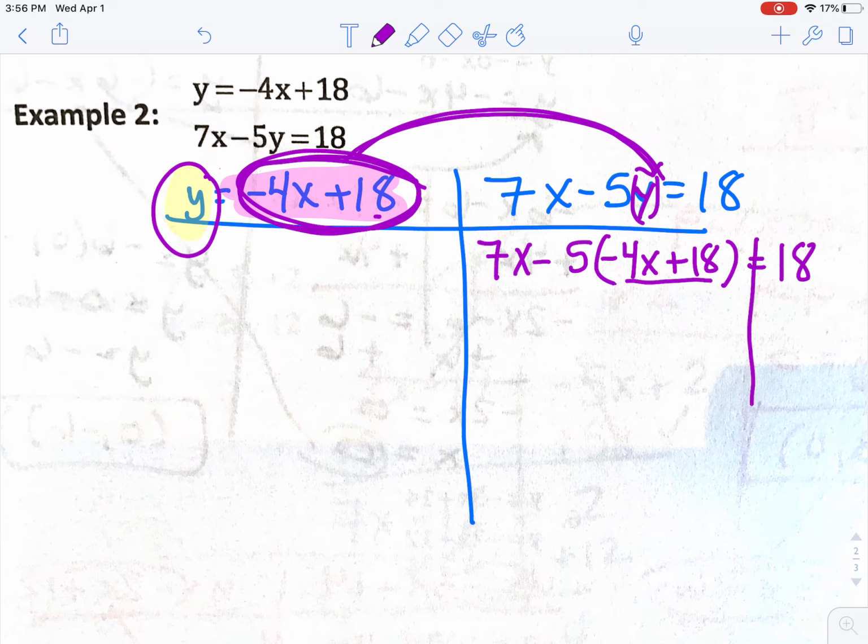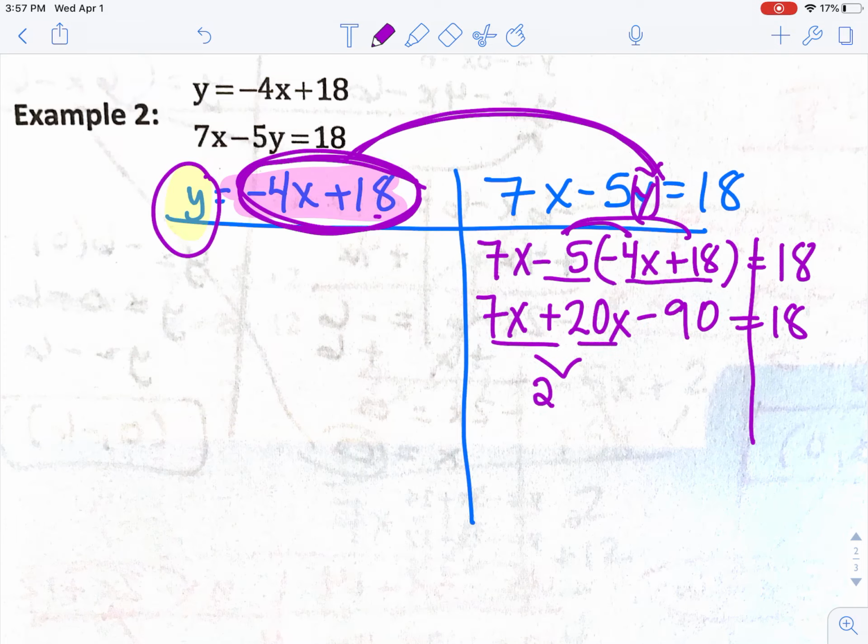Now, to solve this equation, we know we have to distribute first this negative 5. So I'll have 7x. Negative 5 times negative 4 is positive 20x. Negative 5 times 18, I need my calculator for that one. I get negative 90. And then I combine like terms.